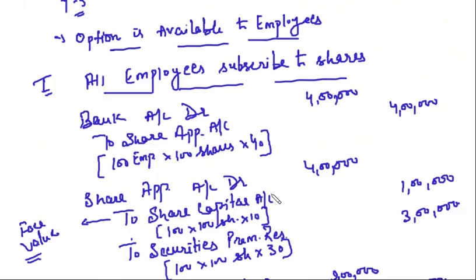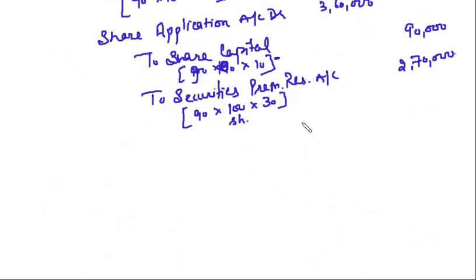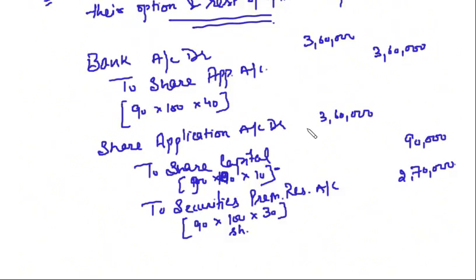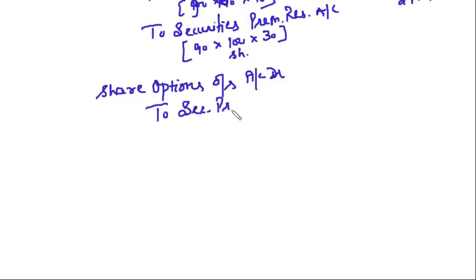Now we have to close this share option outstanding account. How to close this in this case, when 90 employees have exercised? Let us see. First you will pass an entry of share options outstanding account debit to securities premium reserve account. Now how many people exercised this option? 90, for 100 shares.